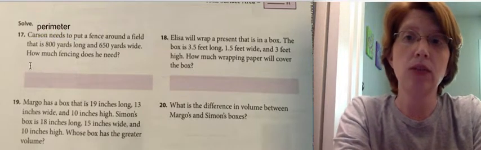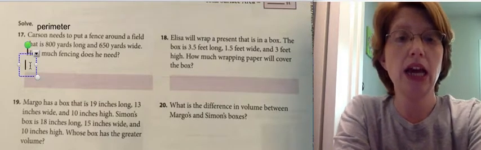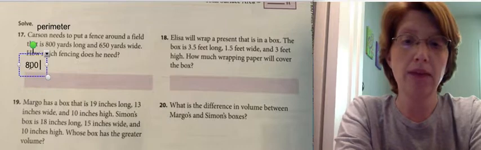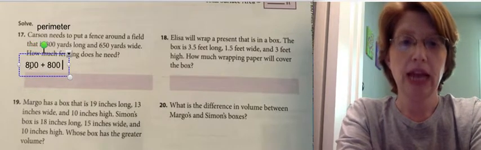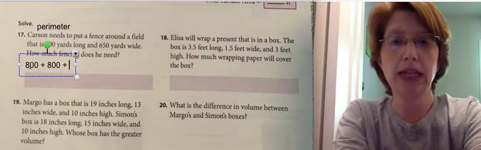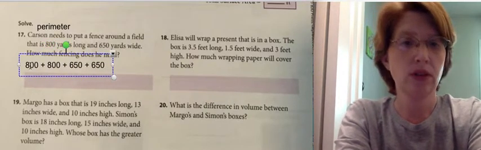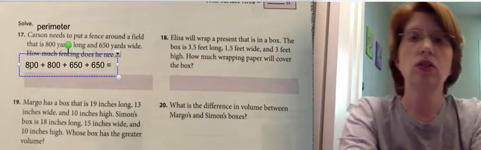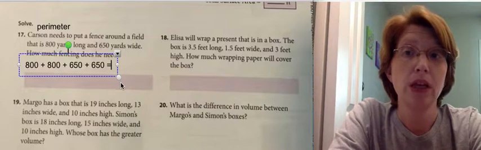So that means that we need to add all of the sides. So if he's got 800 yards long, that means that he has 2 800s, and 650 wide, that means he's going to have 2 650s. So we need to add all of that to find out his perimeter.